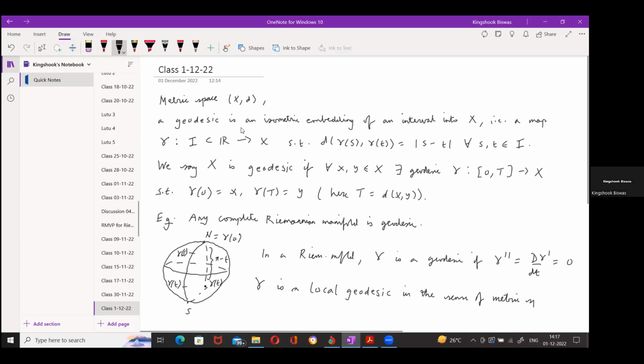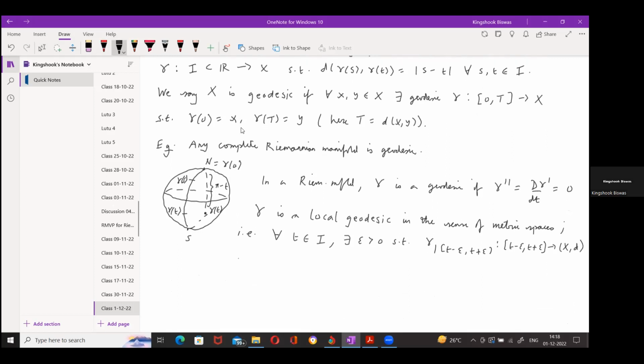That means that for all t in the interval I, there exists epsilon positive such that gamma restricted to the interval t minus epsilon to t plus epsilon, into the metric space X, is a geodesic in the sense of metric spaces. Okay, this is a geodesic.